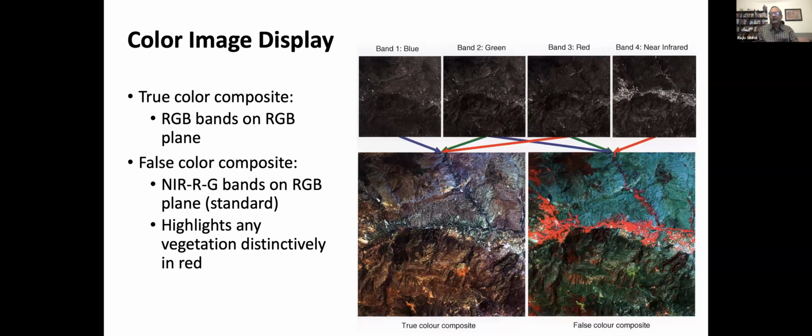Sometimes the true color composites are not very useful for mapping and identifying certain features. This has come from a lot of research as well. So we generate what we call a false color composite. False color composites basically mean that you're not coding the same band in the same color.